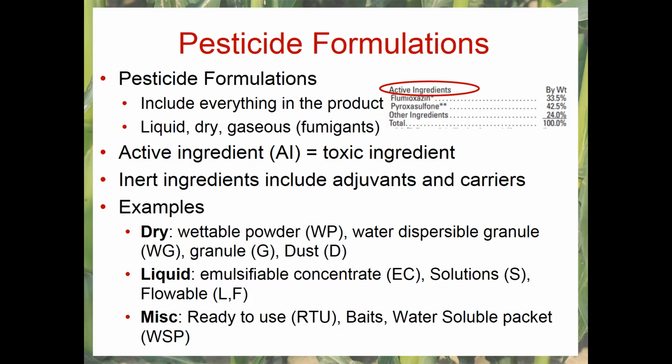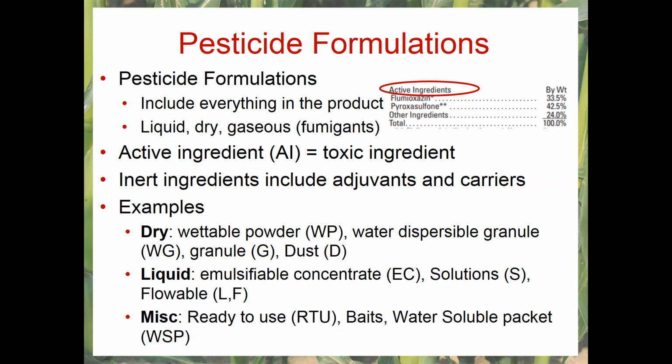Common examples of formulations for dry include wettable powders, a finely ground powder, and dispersible granules, WG or WDG, a somewhat larger size dry material. Both of these formulations are insoluble and when mixed with water, make a suspension that must be agitated to keep the product suspended in water.